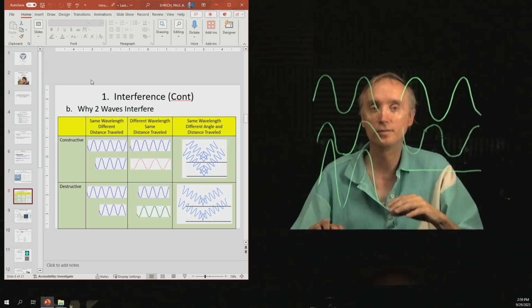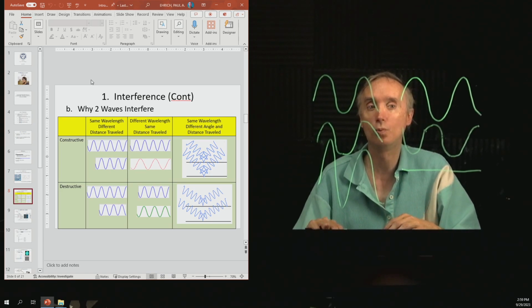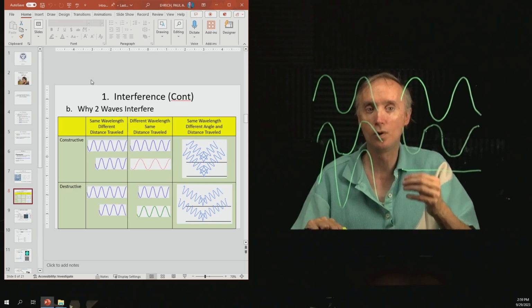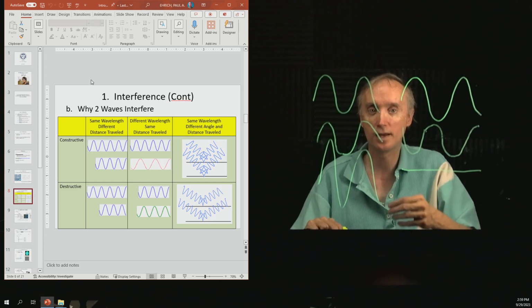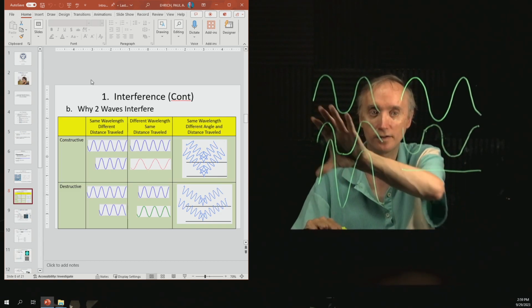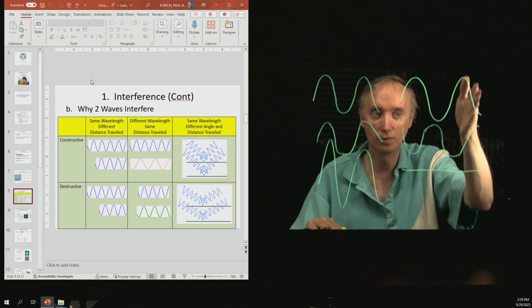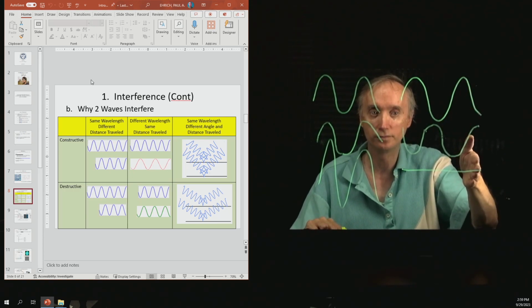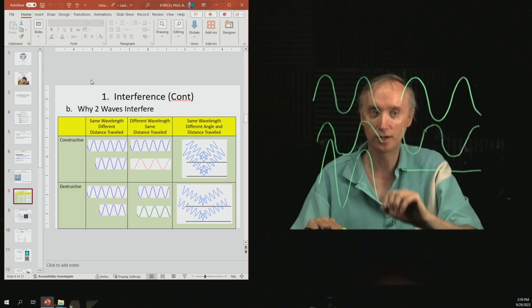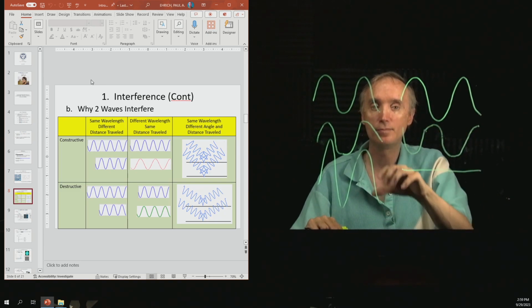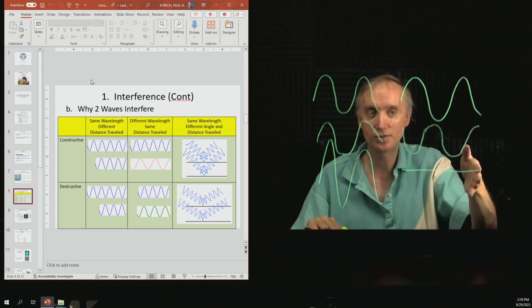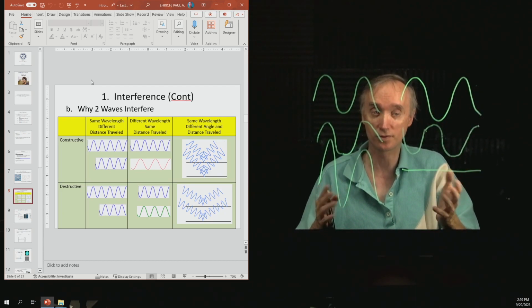Okay, another one is it depends on the wavelength of the light. So if you've got one color of light and another color of light, and they're traveling the same distance, they could end up hitting the wall constructively. But if you have two different colors of light, they might hit the wall destructively, and then you wouldn't see those colors.